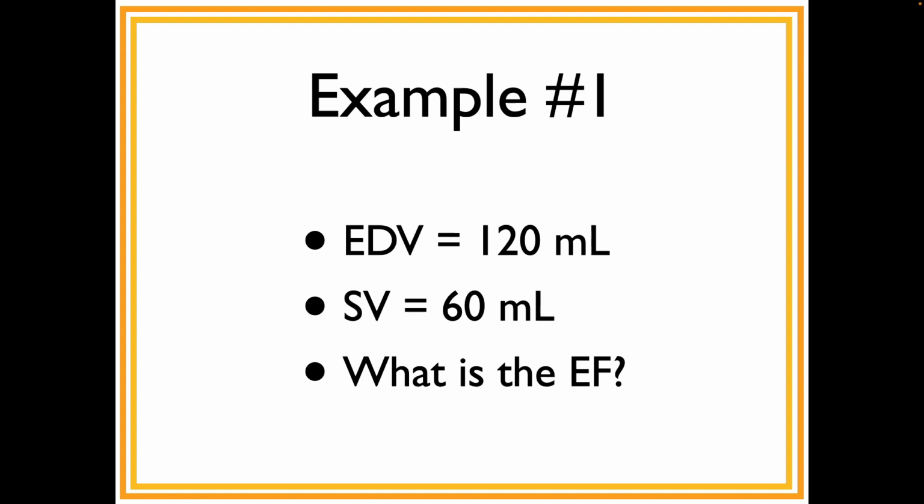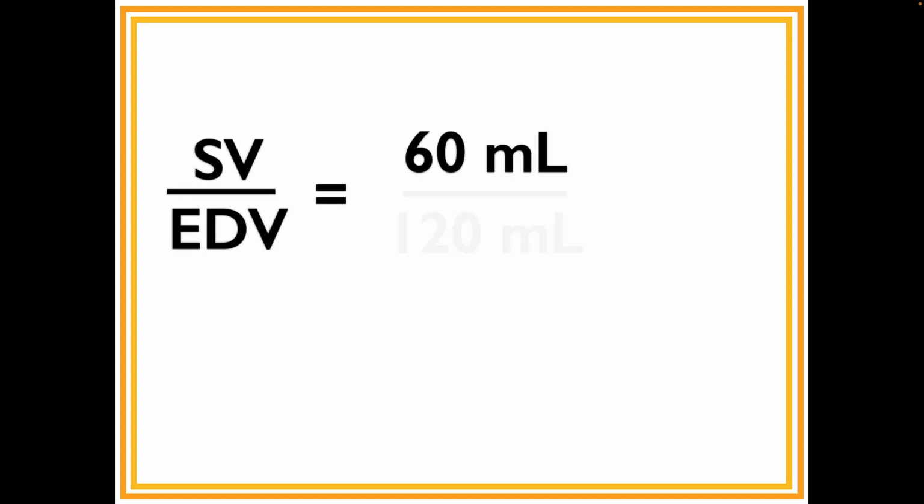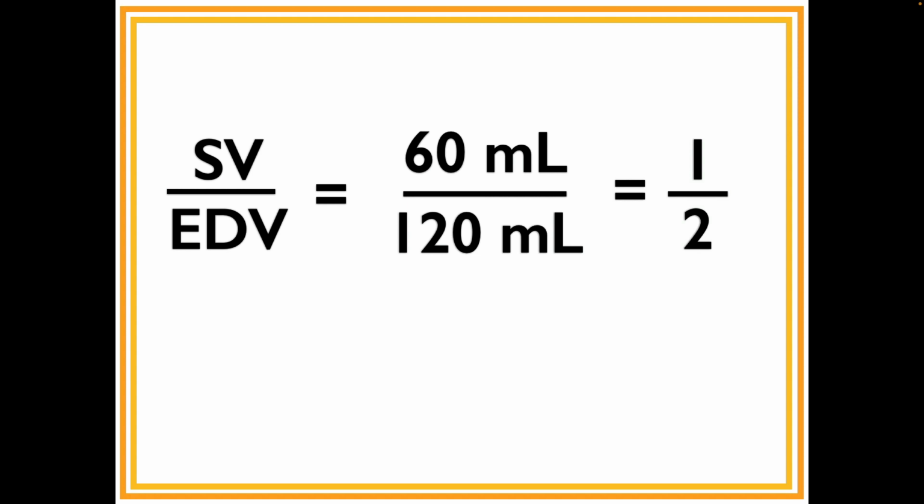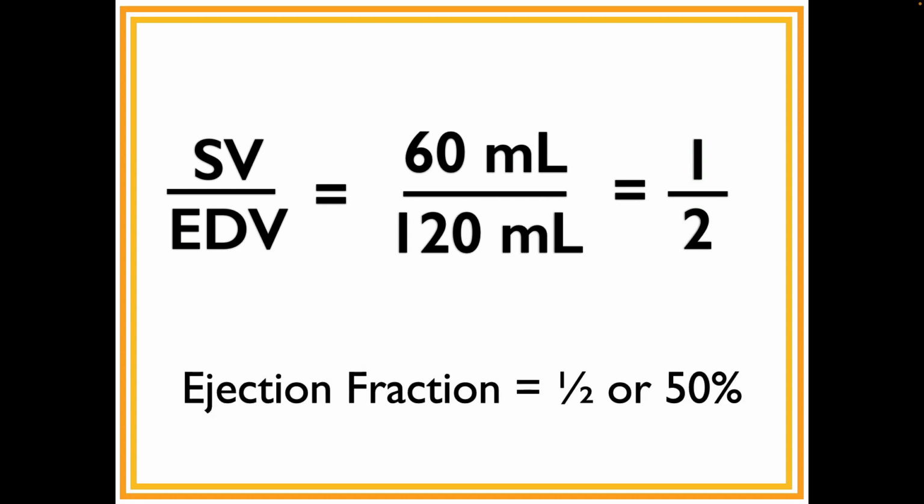That's how much is going to get contracted out. What's the ejection fraction? Let me help you out. I think you did it upside down. Half. Yeah, remember, it has to be a percentage, so one half. So in this case, we would say the ejection fraction is half, or 50%.